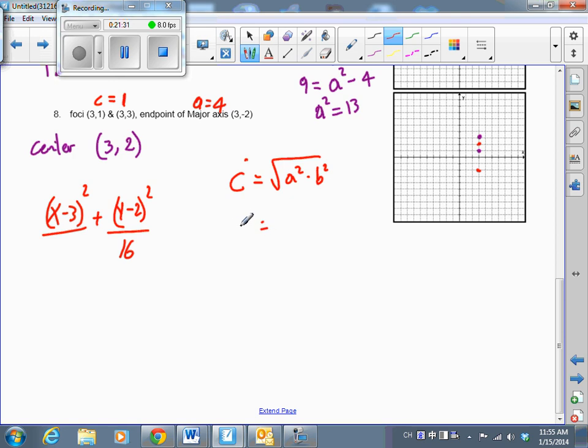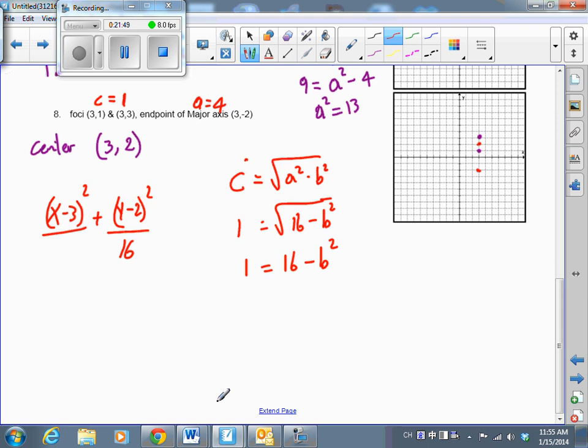So we will say c, which is 1, is equal to the square root of a², which is 16, minus b², which is, I don't know. We square both sides to still get 1 equals 16 minus b².